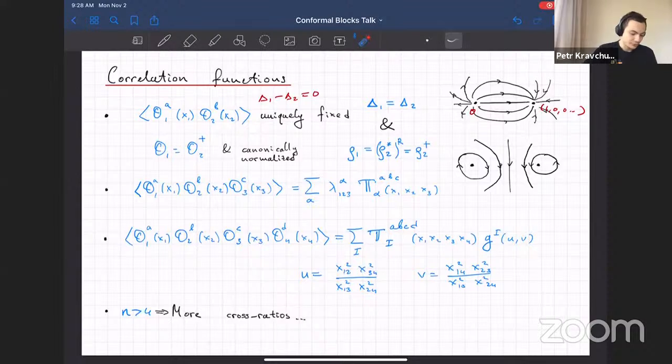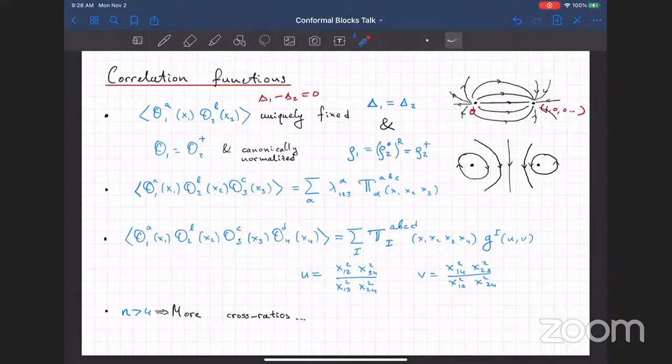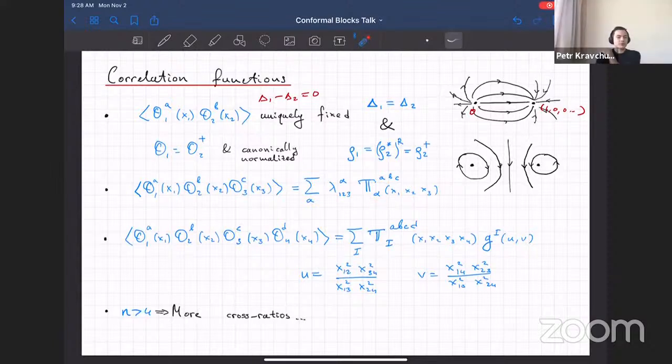Any questions about this part? So what is this index labeling different tensor structures for the 3-point function? How to think about this? Well, you can think about it this way. You have functions of 3 points, right?